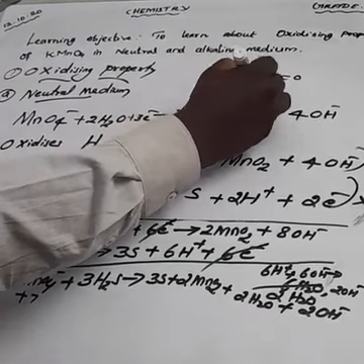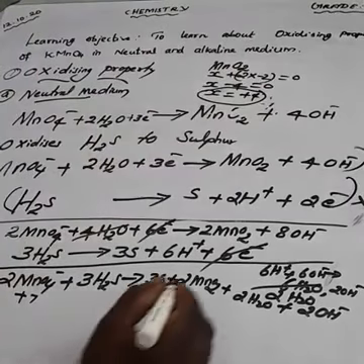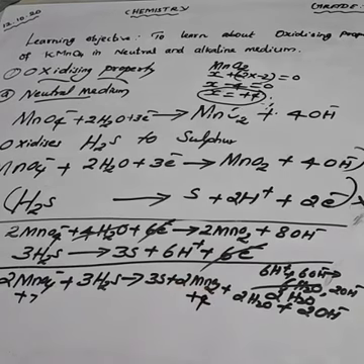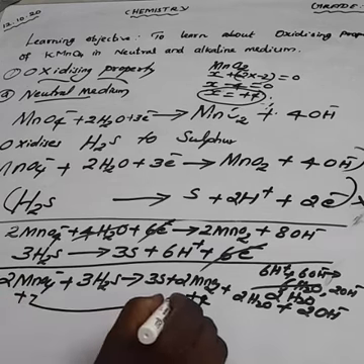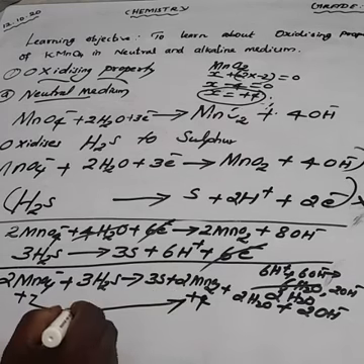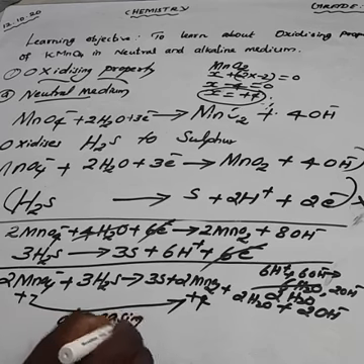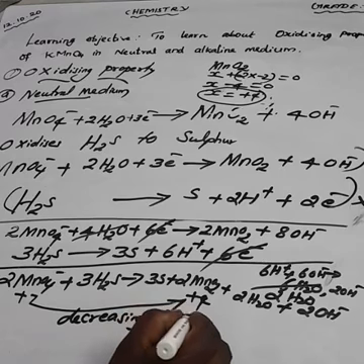X equals plus 4. So the Mn oxidation state in MnO2 is plus 4. Now the oxidation state goes from plus 7 to plus 4. It is decreasing, am I right? So it is a reduction reaction.